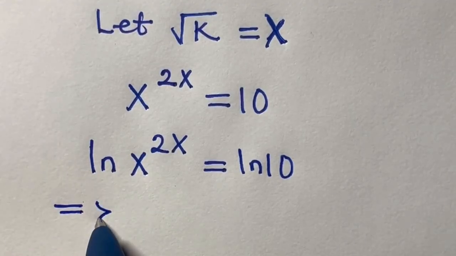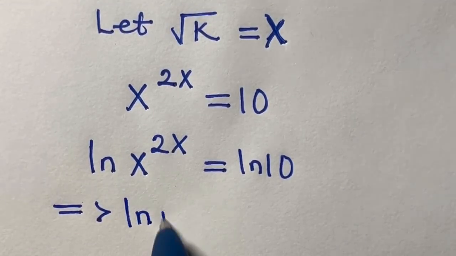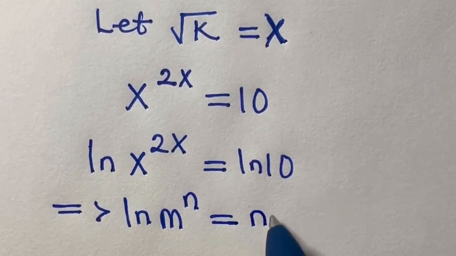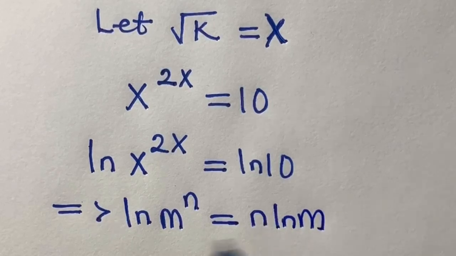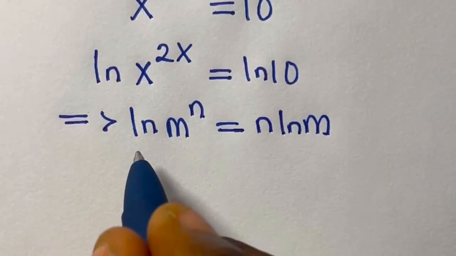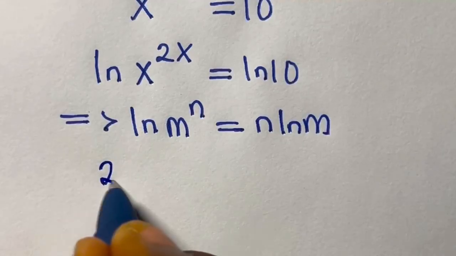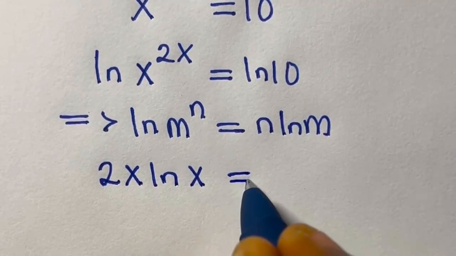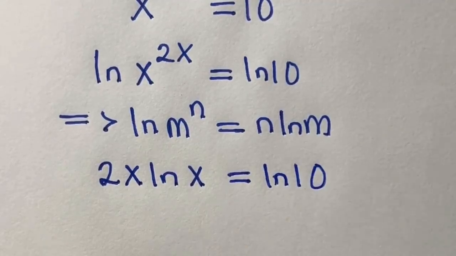But let's recall that if you have ln m raised to power n, this equals n ln m. So applying this, we will have 2x ln x equals ln 10.